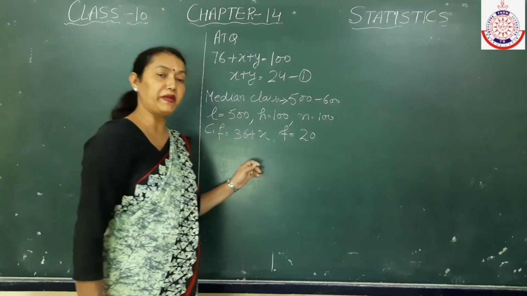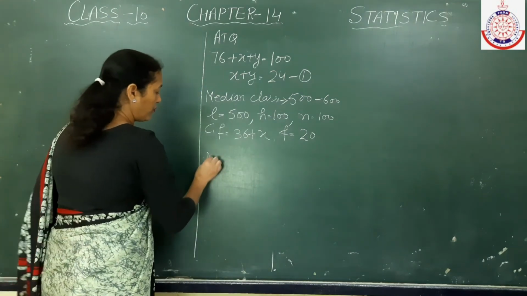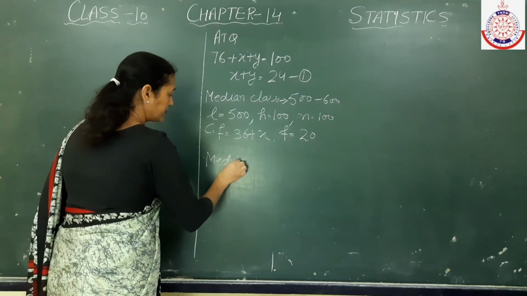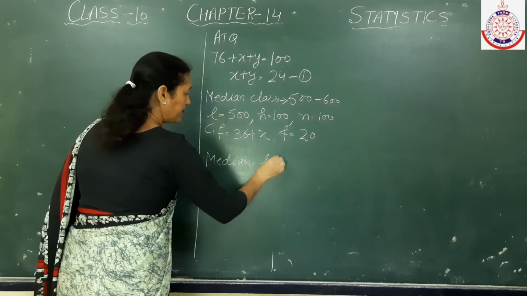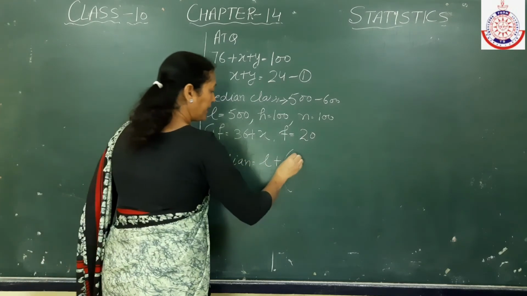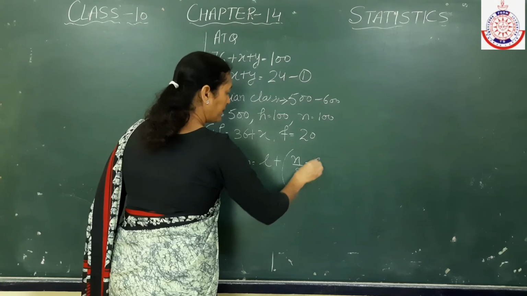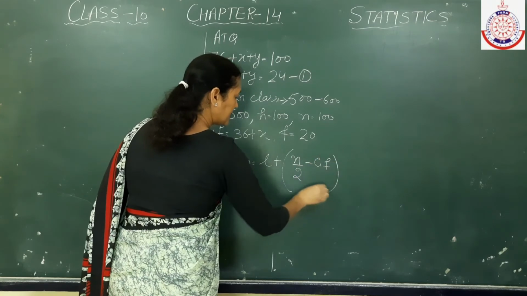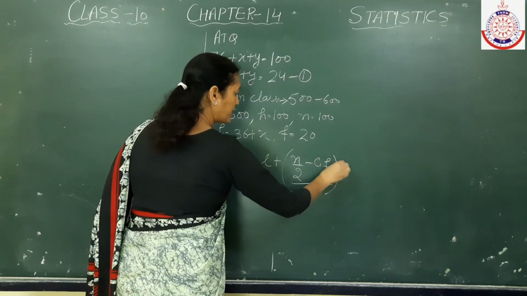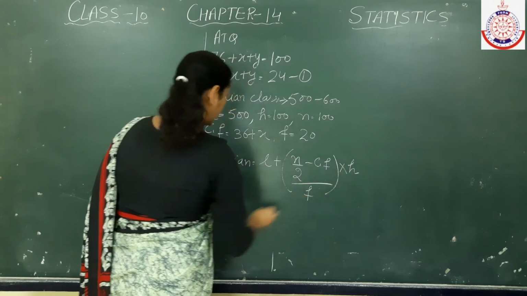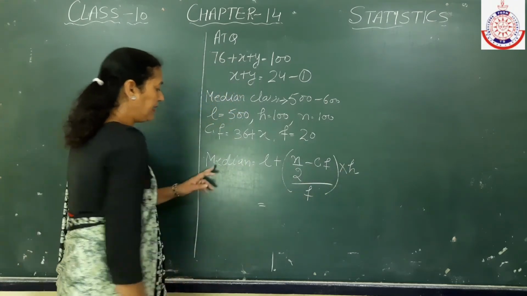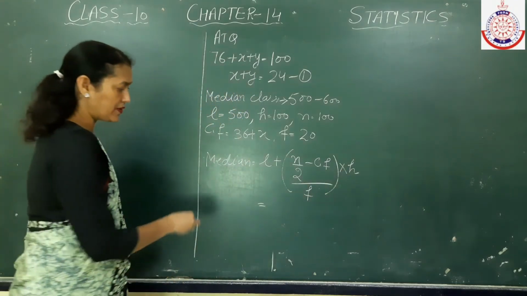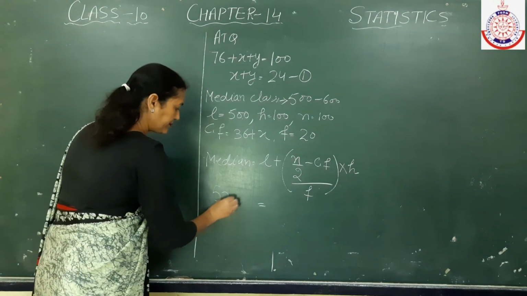Now let us calculate median. According to formula, median is L plus n by 2 minus cumulative frequency of the preceding class upon frequency of the median class into h. Median is already given in the question, so we will be writing 525.